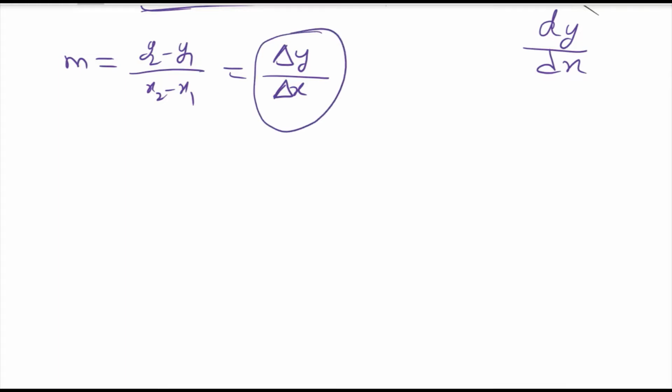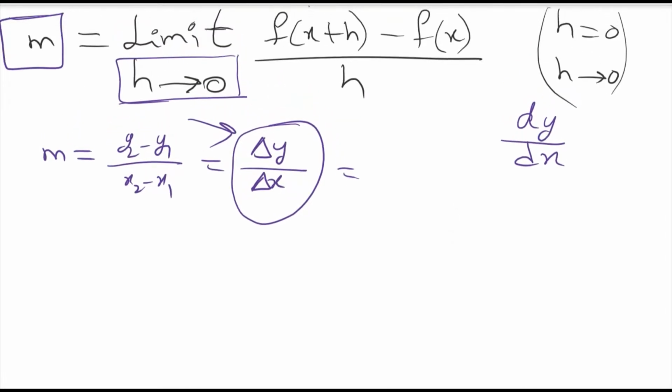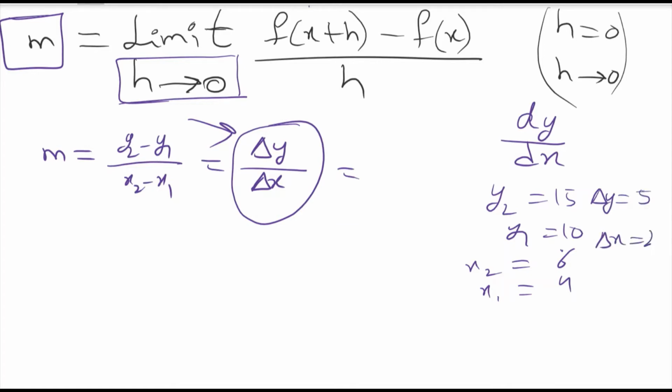This is defined for slope. I say delta y by delta x, if I have some numbers like y2 equals 15, y1 equals 10, x2 equals 6 and x1 equals 4. Delta y here equals 15 minus 10, which is 5, and delta x equals 2. I can get the value of slope here.